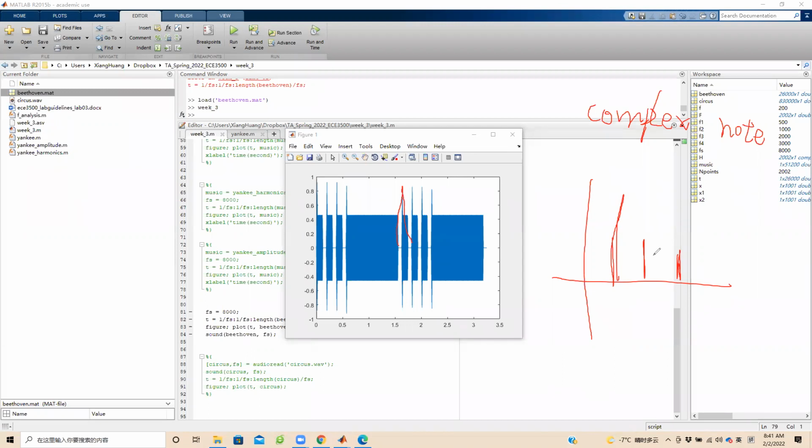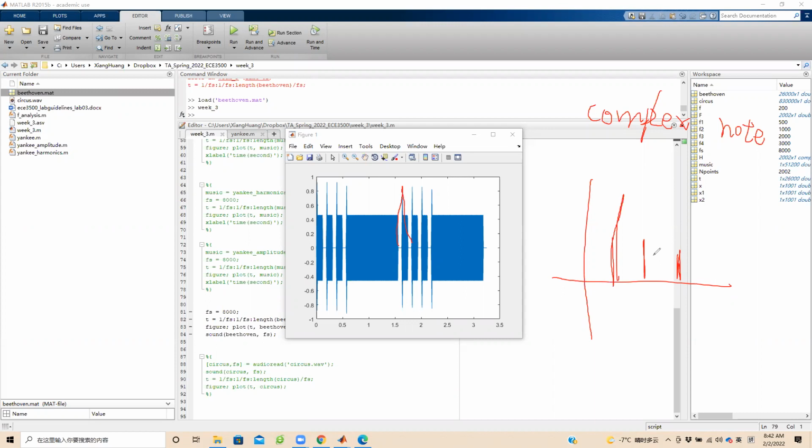Of course, in this lab, you don't need to answer why the energy is located on different frequency areas. You just use the built-in function to show this energy distribution. This lab just wants you to be familiar with frequency representation.